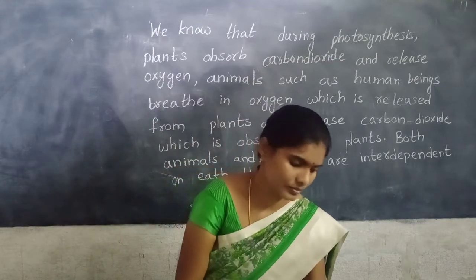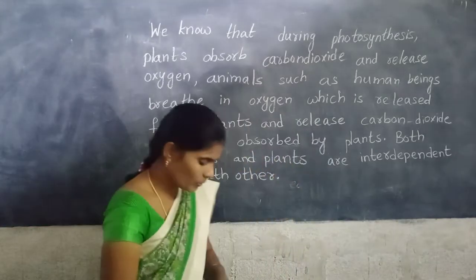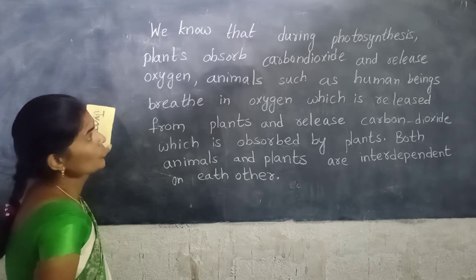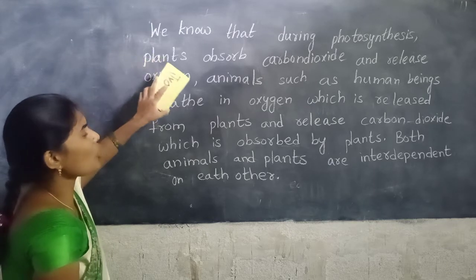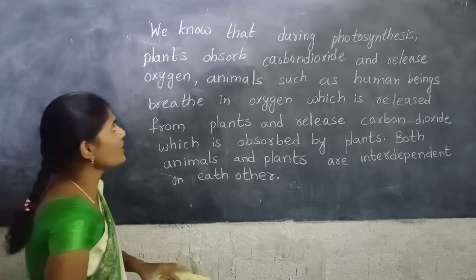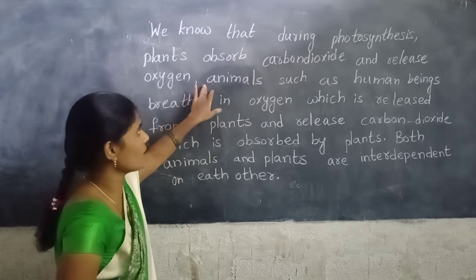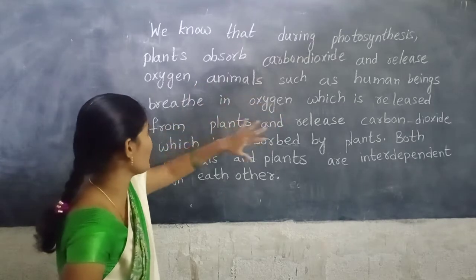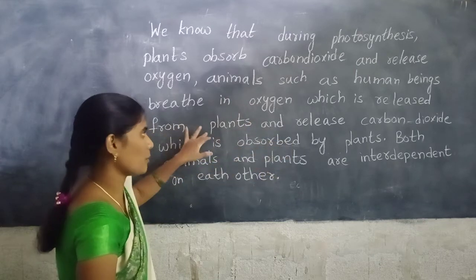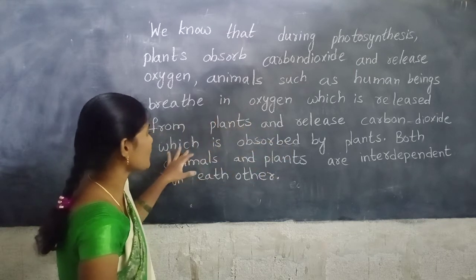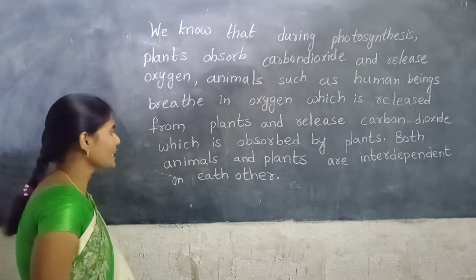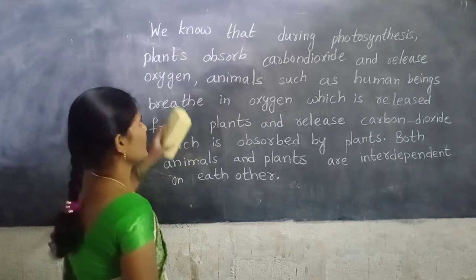Okay. Complete your answers. We know that during photosynthesis, plants absorb carbon dioxide and release oxygen. Animals such as human beings breathe in oxygen, which is released from plants, and release carbon dioxide, which is absorbed by plants. Both animals and plants are interdependent on each other.